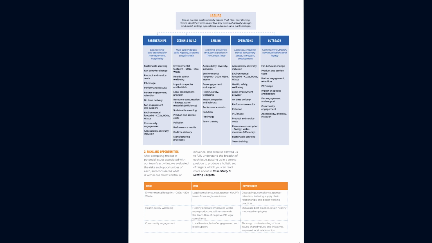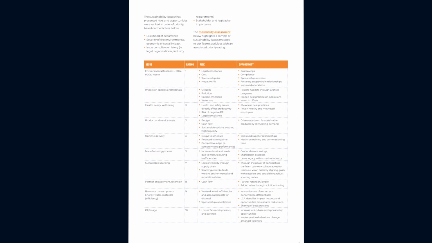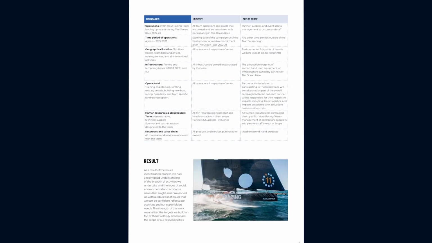There are also case studies which follow how other users implemented the step when they used the Toolbox methodology, giving you a like-for-like example of how to go through the process.